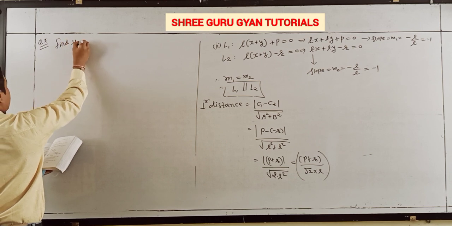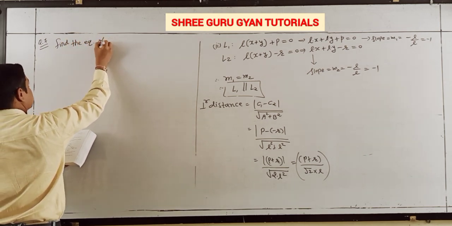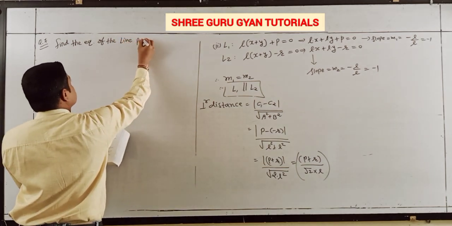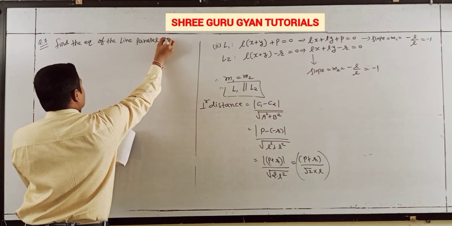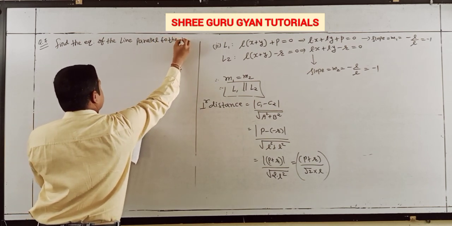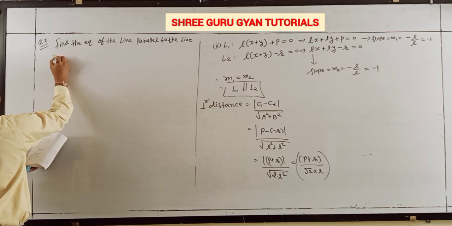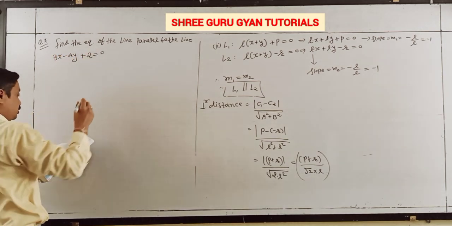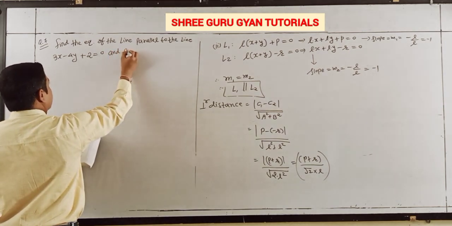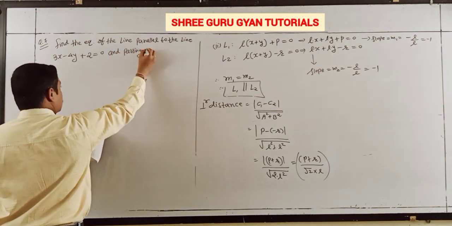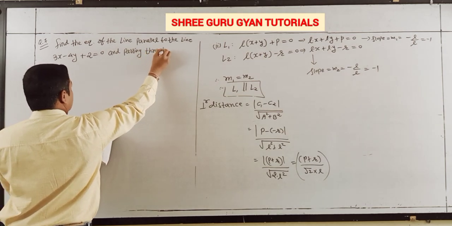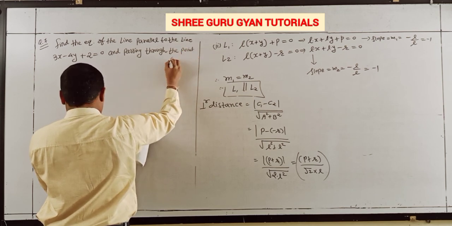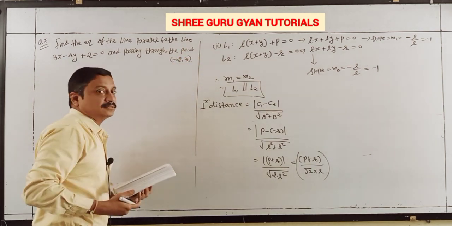Find the equation of the line parallel to the line 3x minus 4y plus 2 is equal to 0 and passing through the point (minus 2, 3).